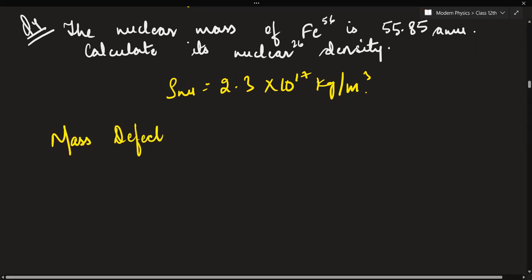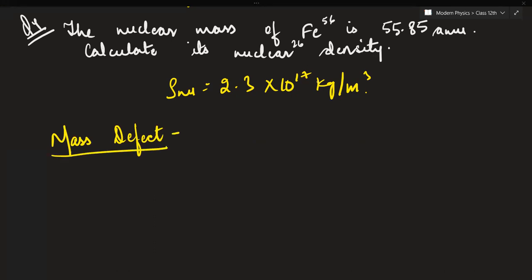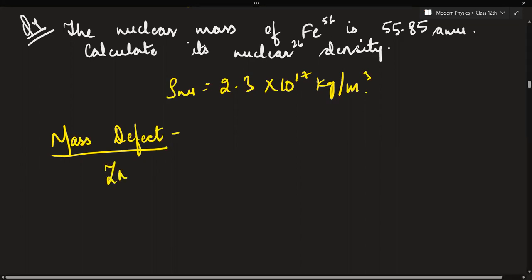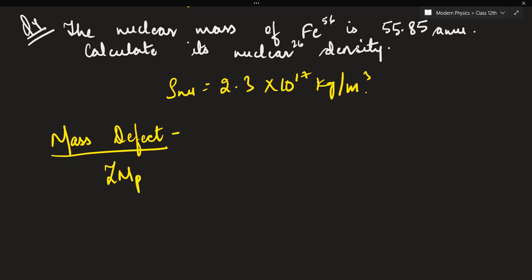Now see, mass defect is basically the difference between the rest mass of nucleus and, I'll tell you, rest mass of nucleus means the mass of proton multiplied by atomic number, the complete amount of protons. Fine. How many neutrons will be there? That will be A minus Z, number of neutrons into mass of neutrons, total mass of neutrons.